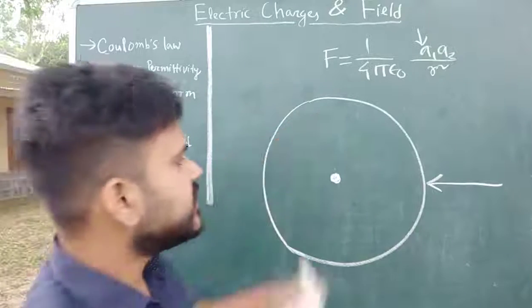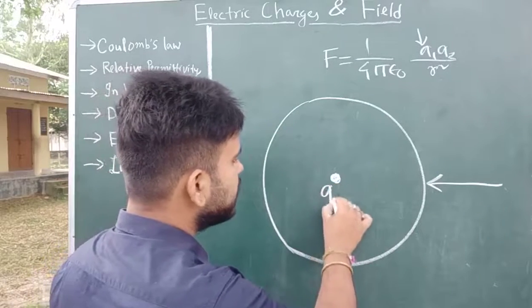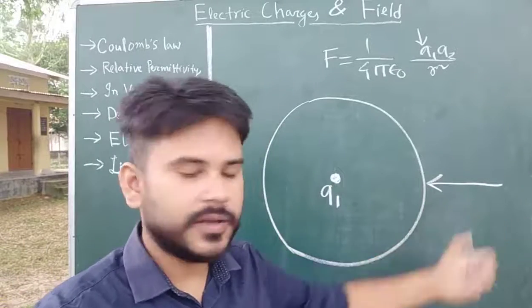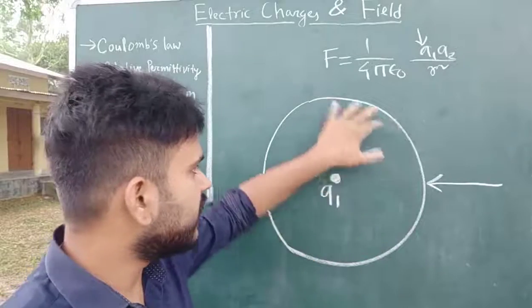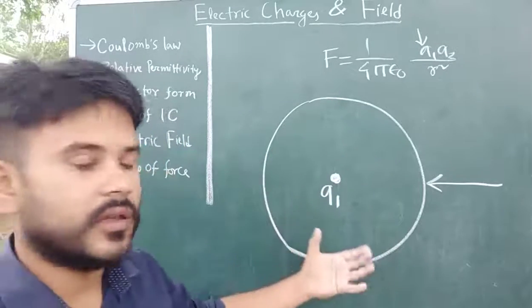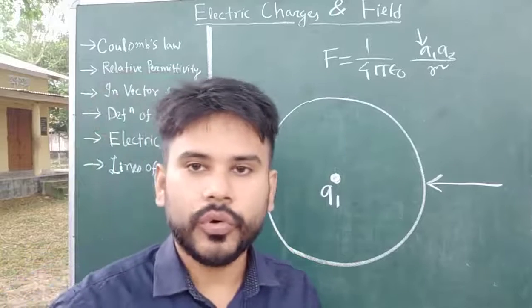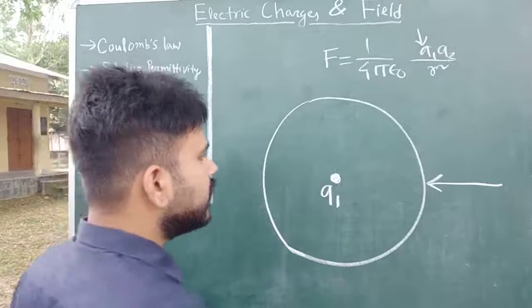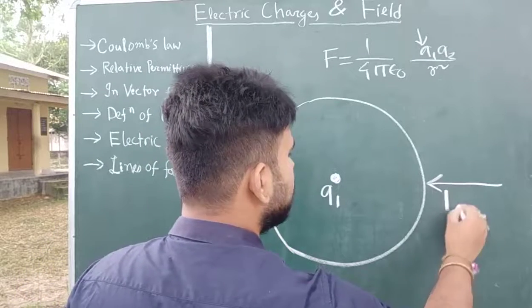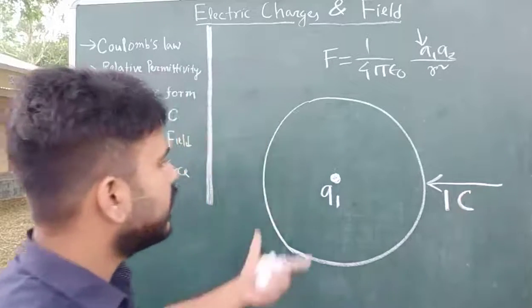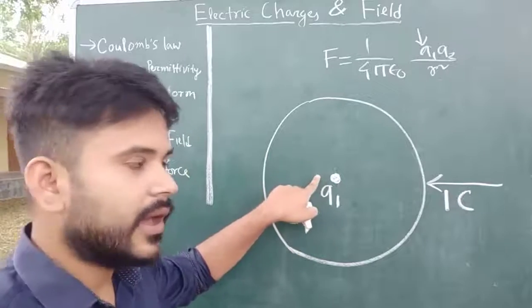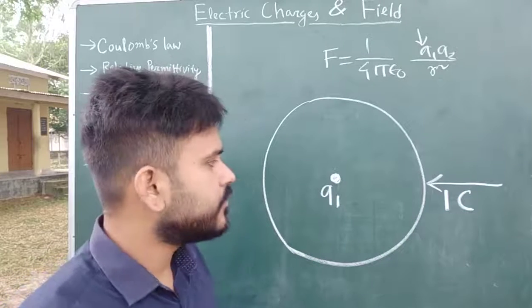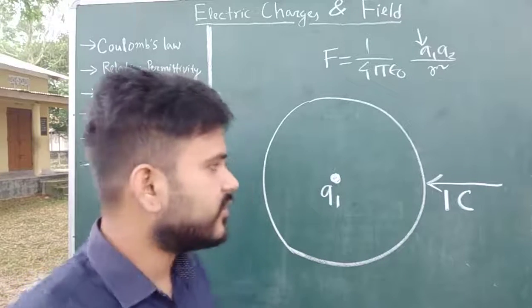In our case, the king is Q1. If someone from the outside wants to enter this region, then Q1 will act with some force on that charge. So if the Q2 charge is 1 coulomb, then the force applied by Q1 on the 1 coulomb charge is defined as the electric field.